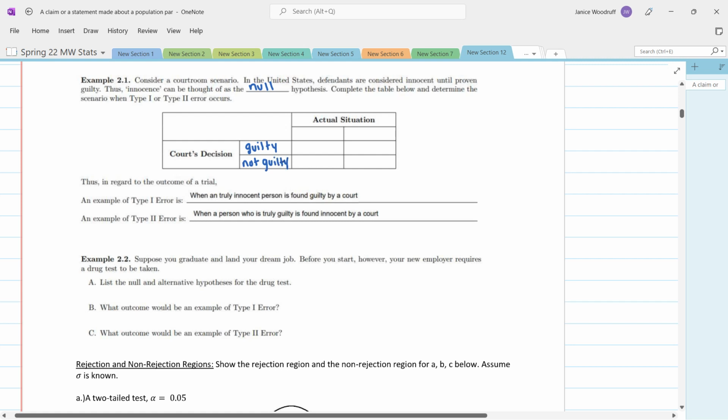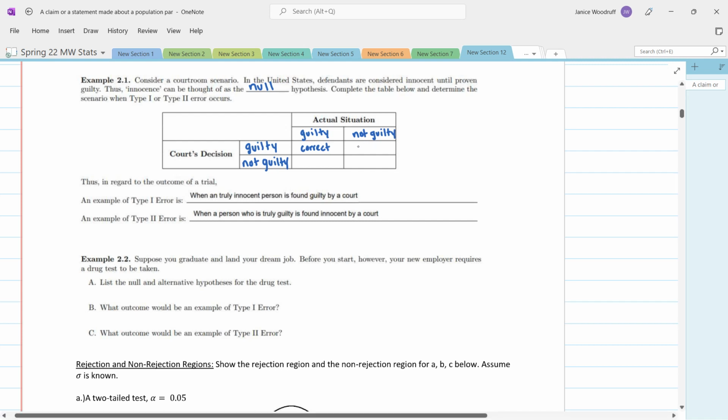Okay, and in actuality, you're either guilty or not guilty. But the court has to decide, correct? So let's say the court decides you're guilty, and yes, you are actually guilty. Well, that's correct. But let's say that you're not guilty, but you're convicted as guilty.